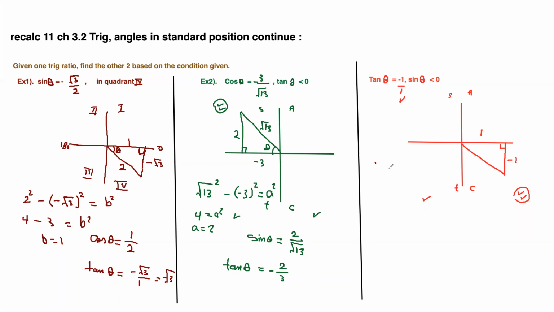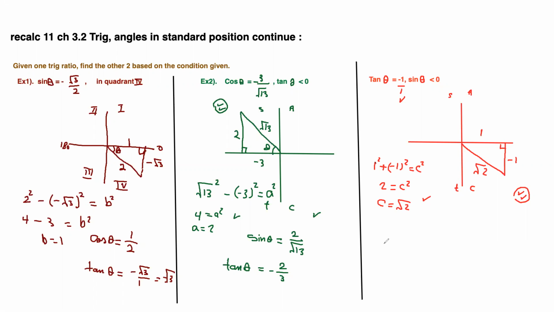And we do Pythagoras to find out the hypotenuse now. 1 squared plus -1 squared gives me the hypotenuse squared, and 1 plus 1 is 2. So 2 equals c squared. C would equal √2. So this is just √2 right there.